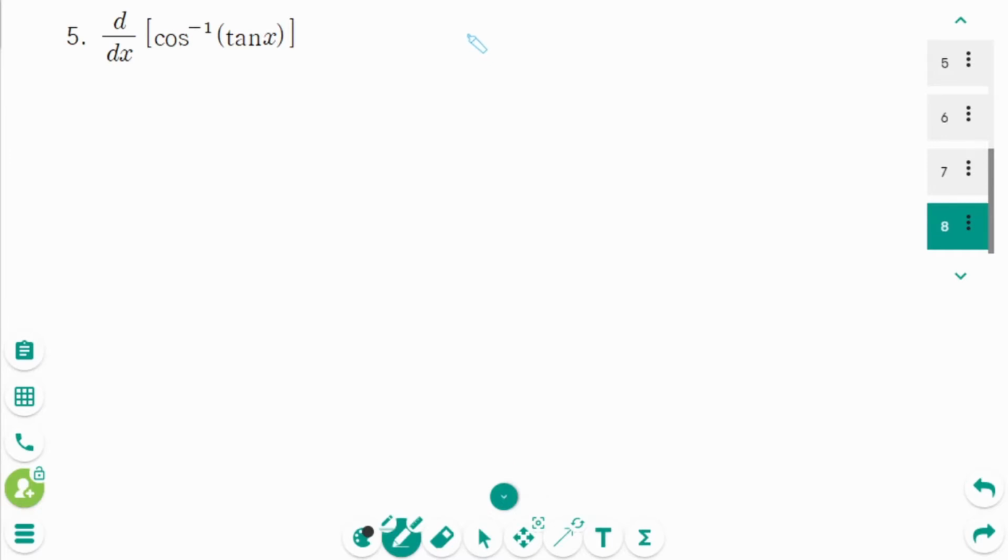Question 5. Think of it as d dx of arc cosine of u equals minus 1 over square root of 1 minus u squared times u prime.